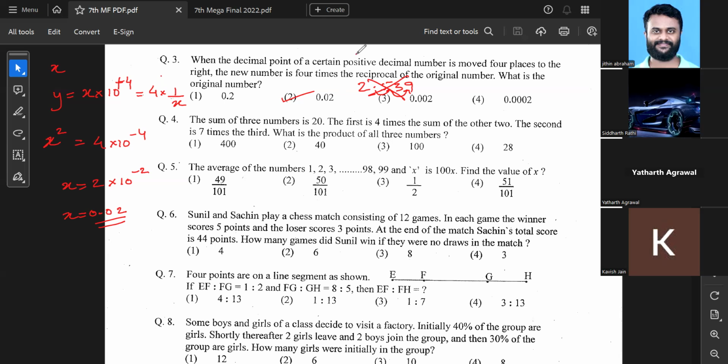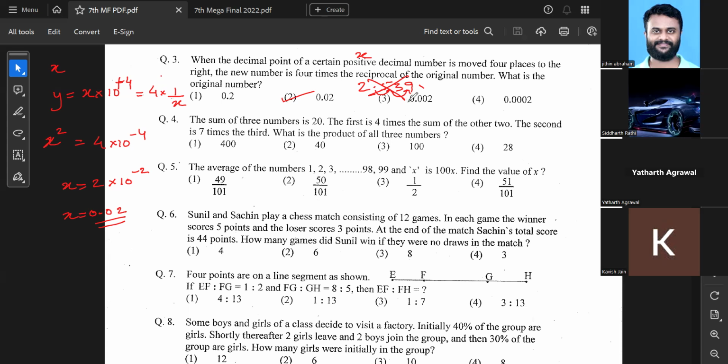There is a certain positive decimal number. Let me call it x. You are going to find a new number by moving the decimal place of that value 4 times towards the right hand side. When you're moving it towards the right hand side, you're basically multiplying it by that much of a number. When you move by 1, you multiply it by 10.